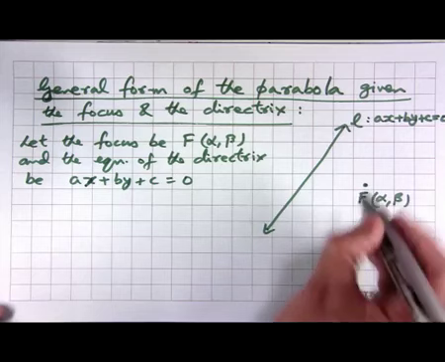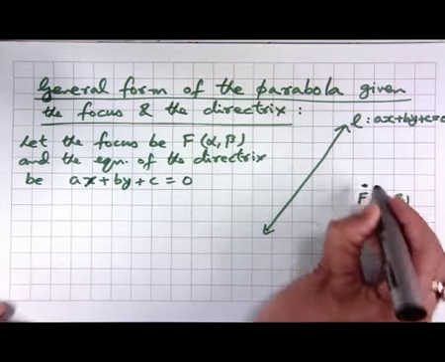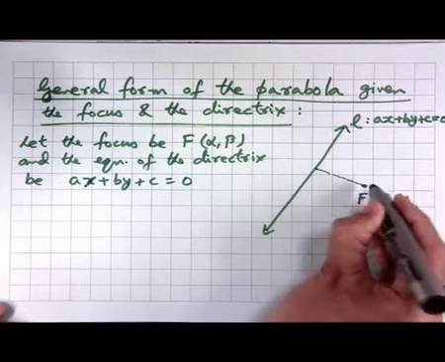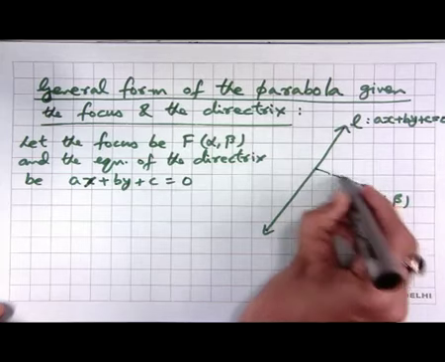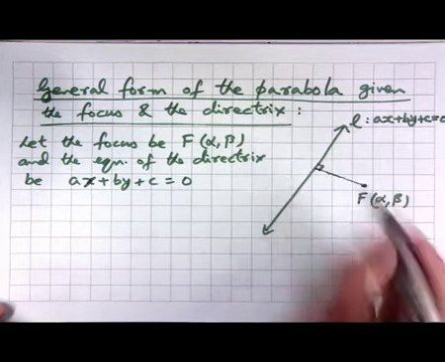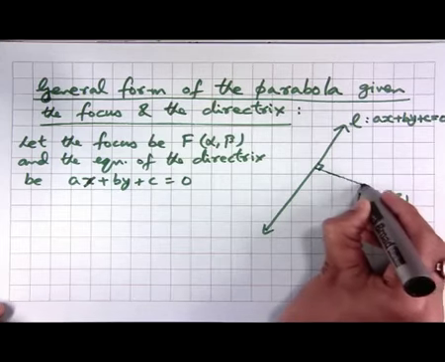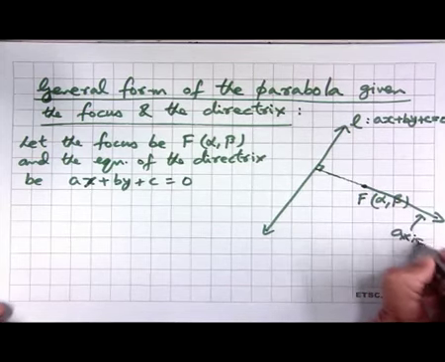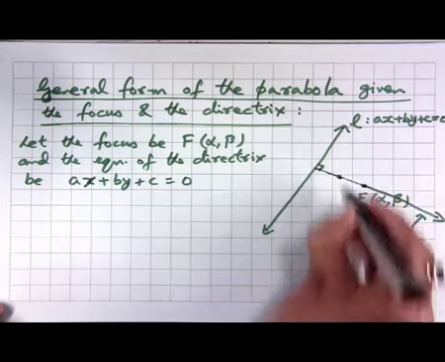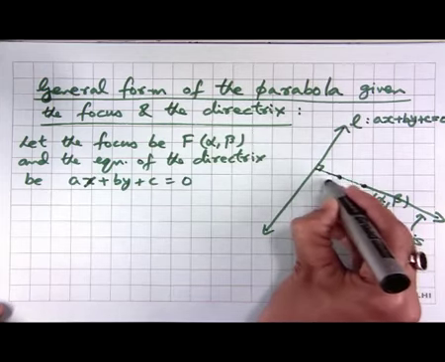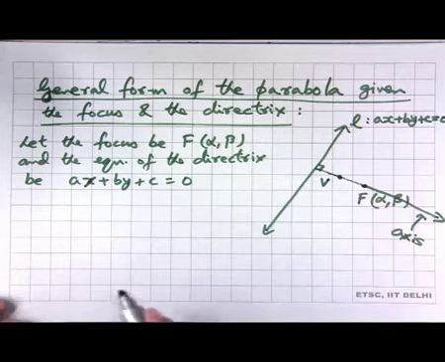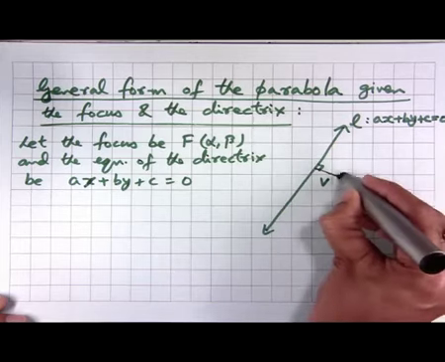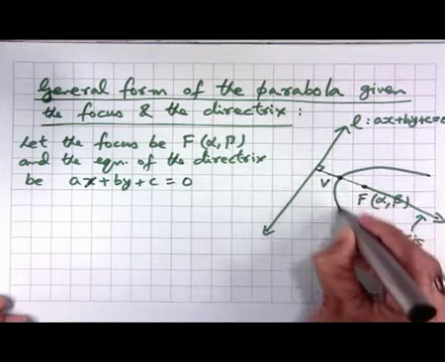Now, if you see, the vertex will be the midpoint on the line segment which is perpendicular to this L and passes through the focus, and this will be the axis of the parabola. The vertex is this point, say V, and the parabola will be symmetric about this axis. So, it will look something like this.